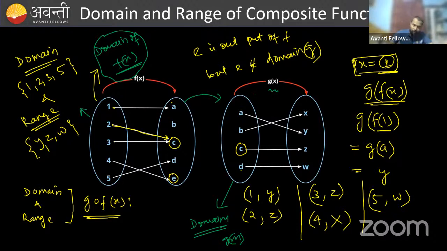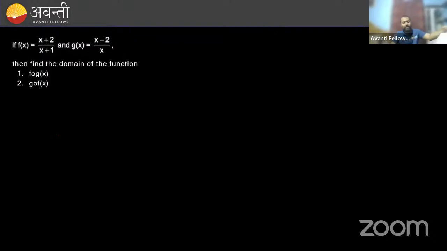So let's solve one example. You will understand this concept very well. Let's take an example to understand this concept first. Here you have one example on your screen. You need to find the domain of the functions f of x and g of x, so the domain of fog and gof.